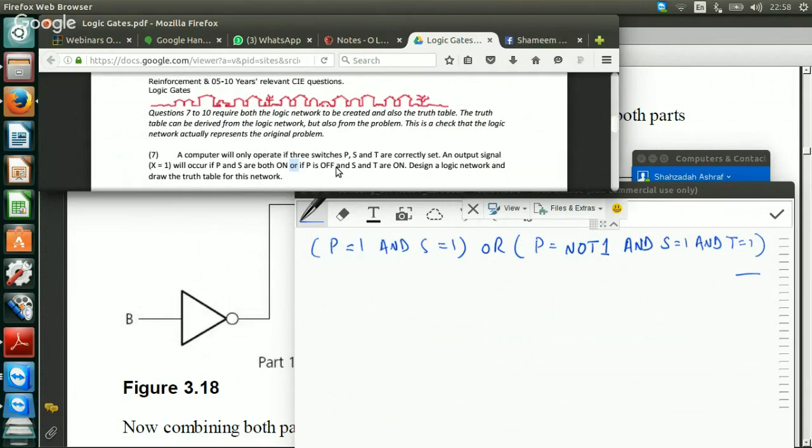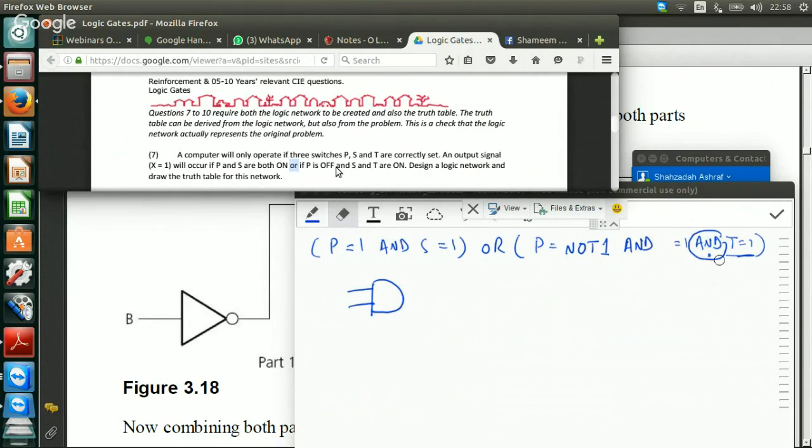So S is equal to 1 and T is equal to 1. This AND is what? This is an AND gate. And what are the inputs of this AND gate?